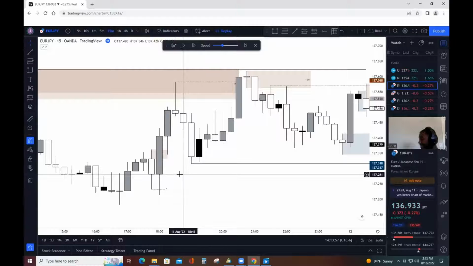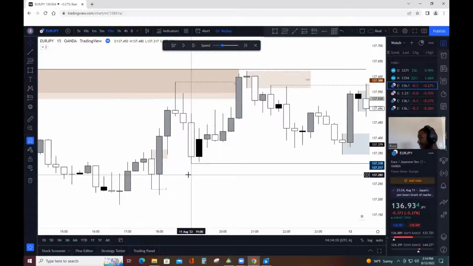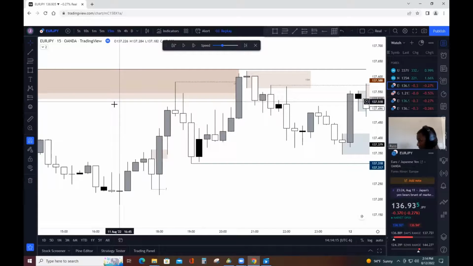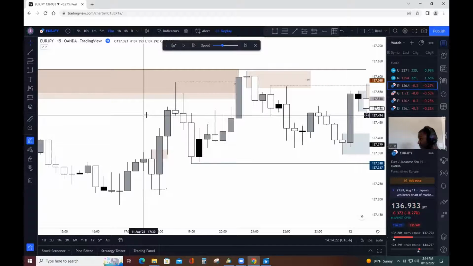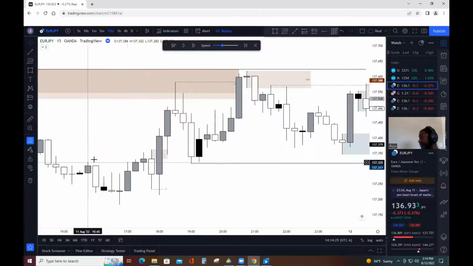So it didn't even reach back down in here. But we're not even looking for this no more because it went into the supply zone. So we're not going to be trying to buy off of a demand coming off of a supply. It don't really work like that. So that's a great example of when it will not work.